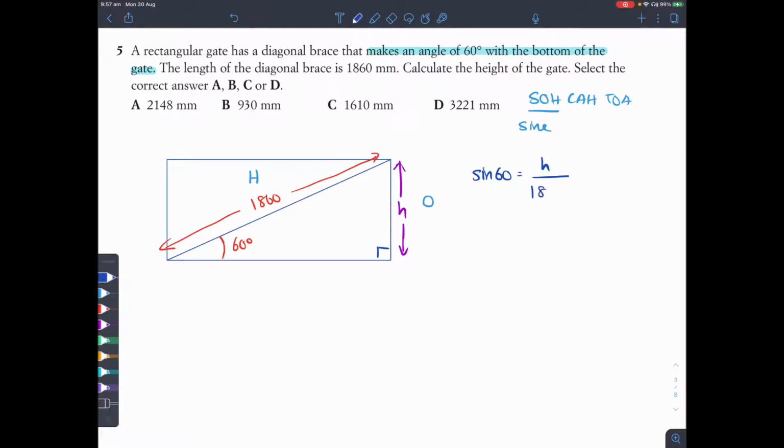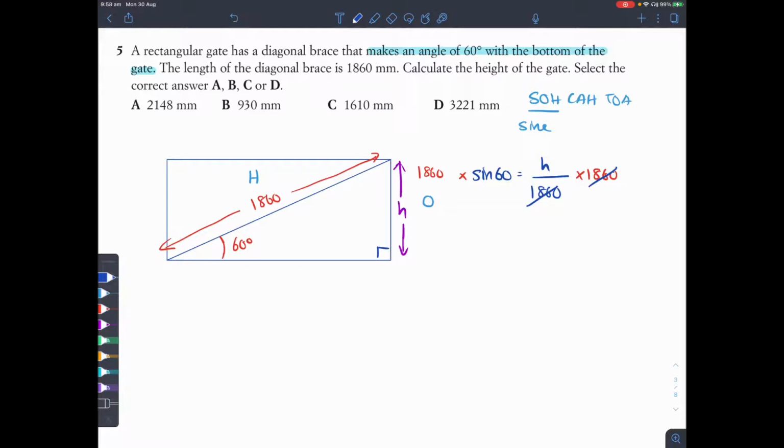So that's 1,860. And this time we have something different to our last question, which had the unknown on the denominator. This time we have the unknown on the numerator. This is perfect. All we have to do is get rid of this 1,860. Because we've got that division by 1,860, the opposite of that will be to multiply by 1,860. And once we do that to one side, we do it to the other.